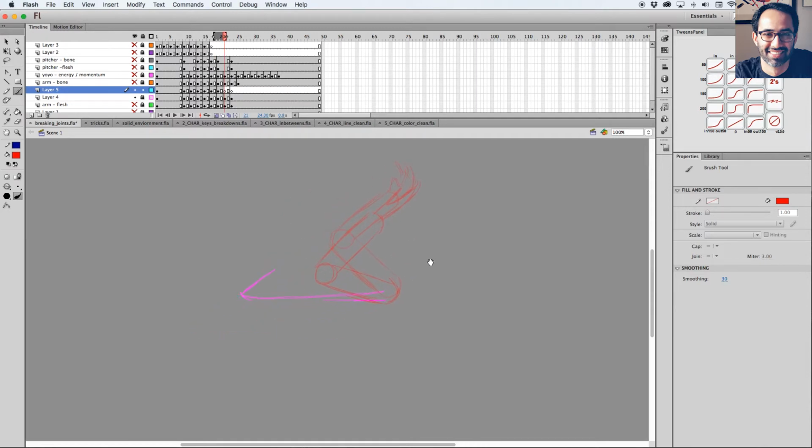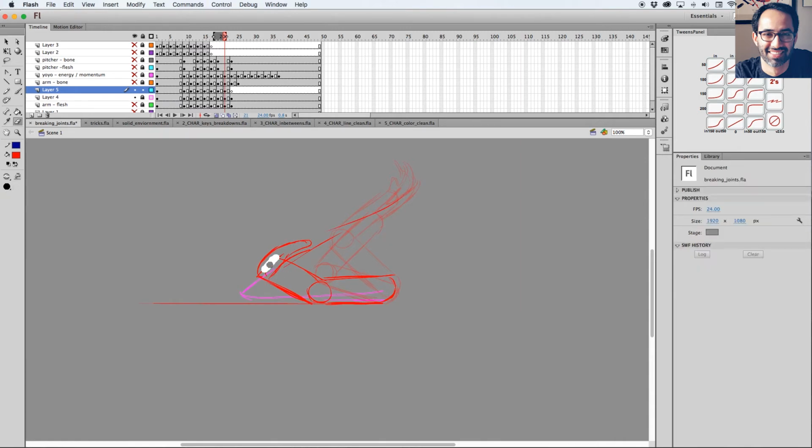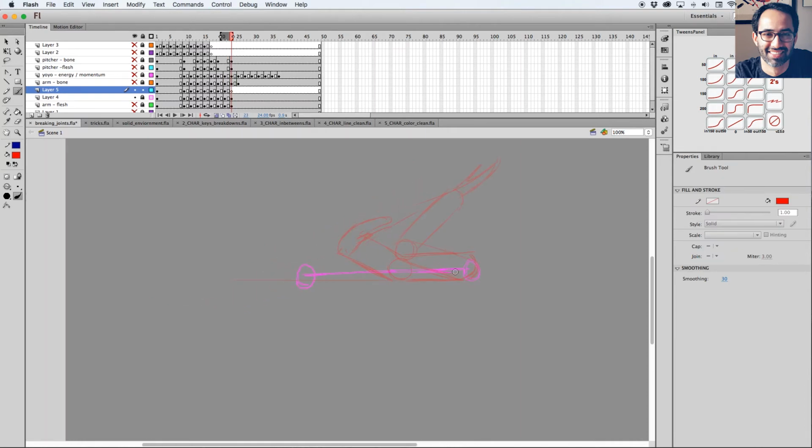And then this one arrived at the last position, and this one is almost there, and then it hits here.